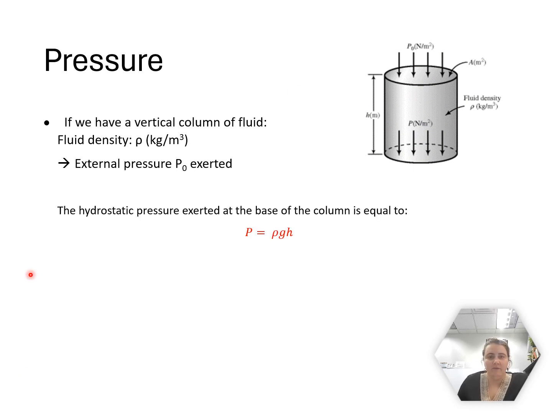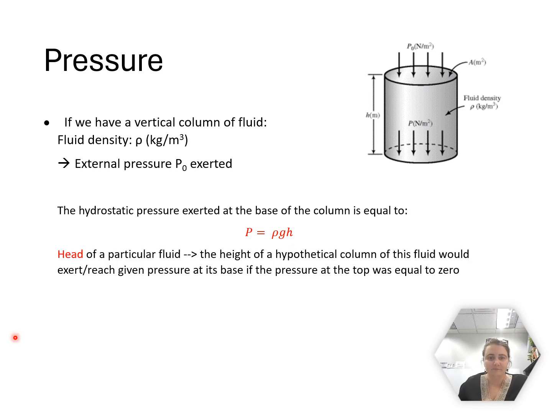Now, if we are looking for the pressure at the very bottom of a specific column, that's what we call hydrostatic pressure. Hydrostatic pressure exerted at the base is equal to rho, the density, times the gravitational constant g, times h, the height of that specific column of fluid.